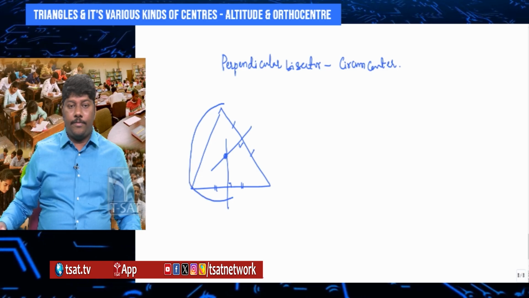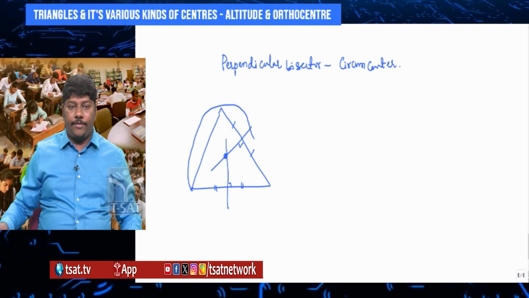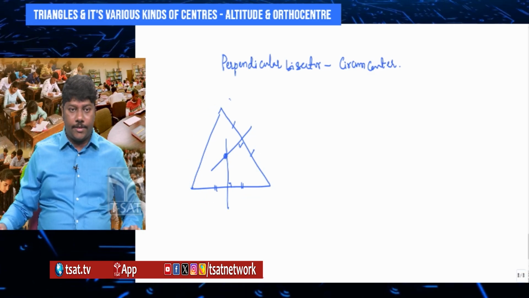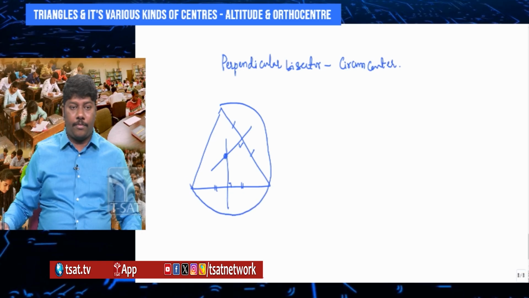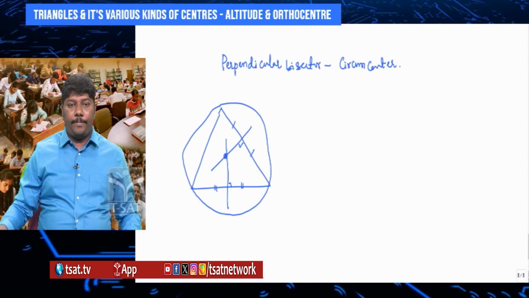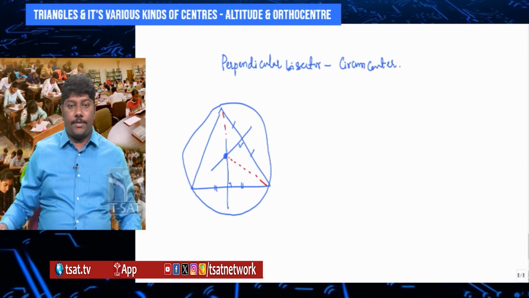Circumcenter means there is a circle which passes through all the three vertices. So, if it passes through all the three vertices, like this it passes. So, when it passes through all the three, we can say circumcenter is equidistant from vertices.